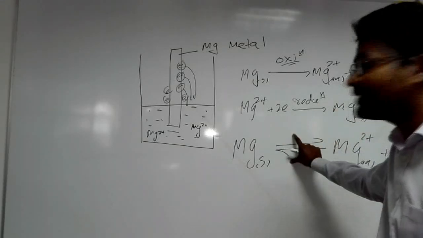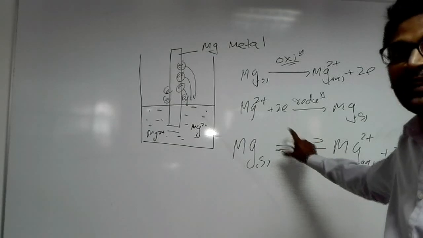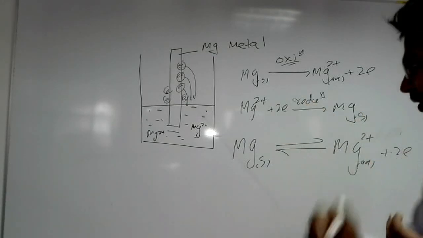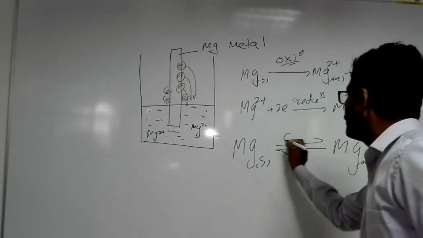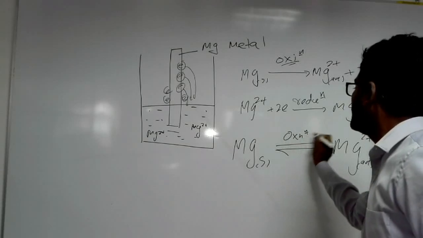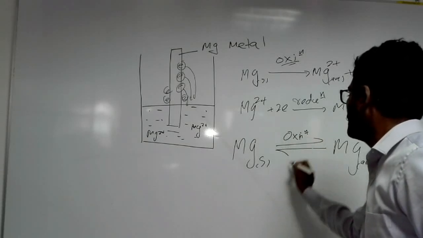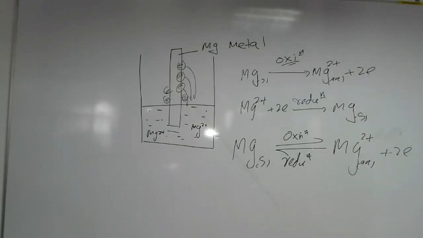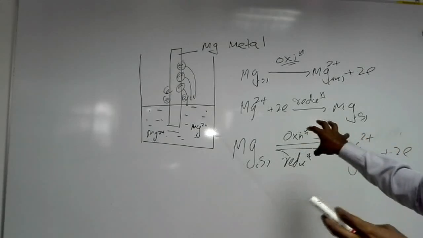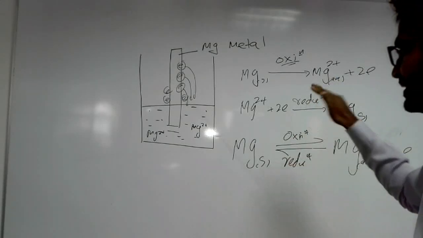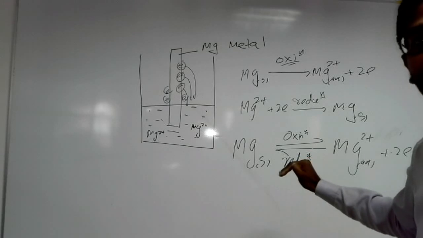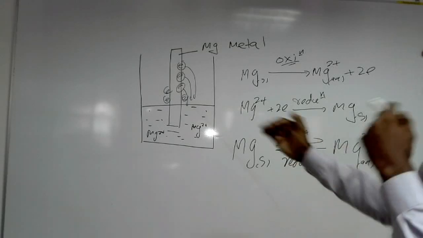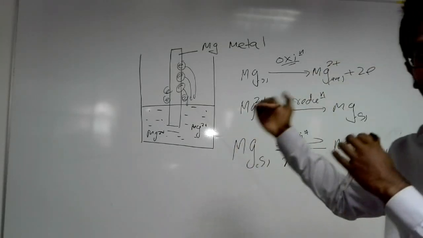So they exist at equilibrium, which means an oxidation-reduction equilibrium. The forward reaction is the oxidation process and the backward reaction is the reduction process, and the rates of these reactions are equal to each other. At this point we say there exists a dynamic equilibrium between the magnesium metal and the magnesium solution.